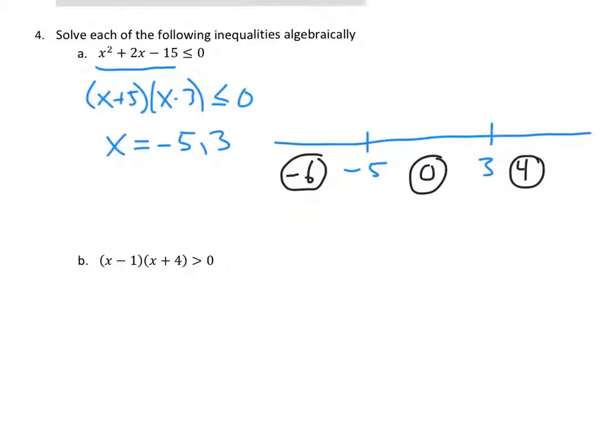And for each one of these test values, we want to substitute it into the inequality and see whether we get a positive or a negative result. So if we take the negative 6 and plug it into this factored version here, we have negative 6 plus 5. Now that's negative 1. All I really care is that it's negative. So I'm going to write a negative.